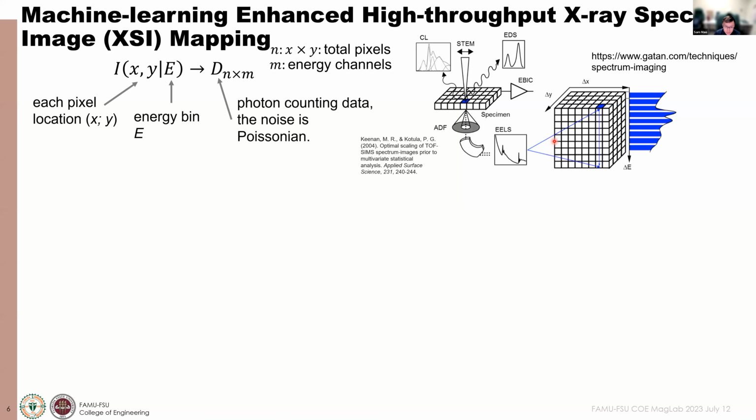So what we are trying to do here is look at the X-ray map. If we take the XY pixel in each plane, behind either an EDS map or an EELS map, you will be able to get a distribution.